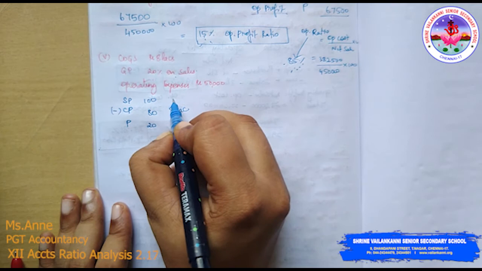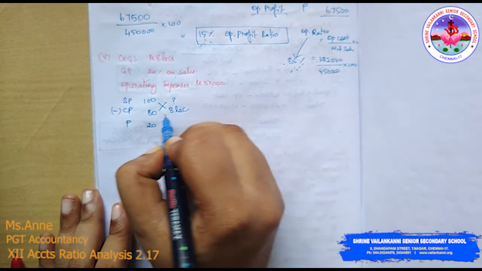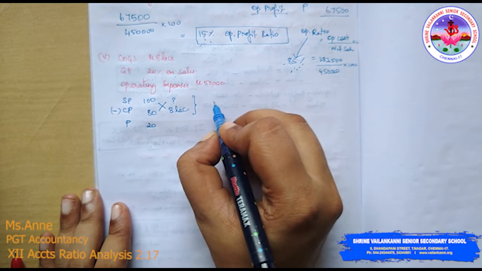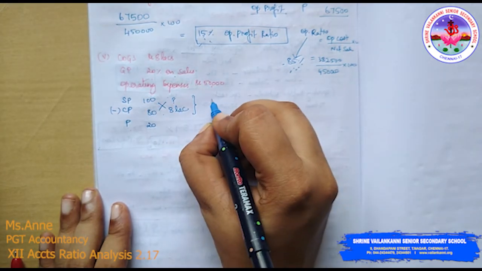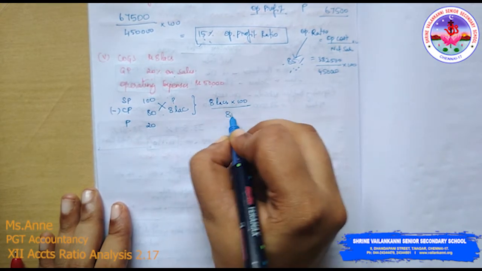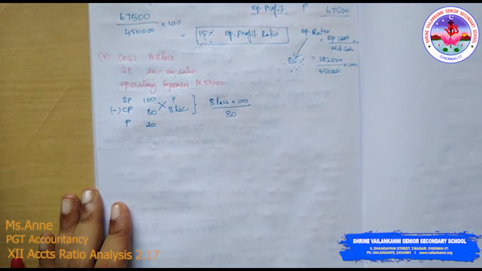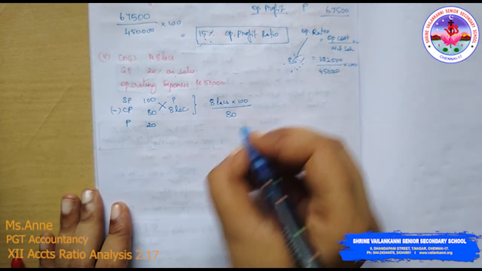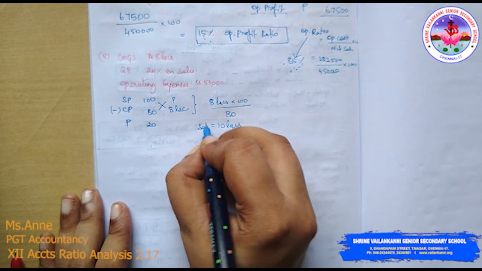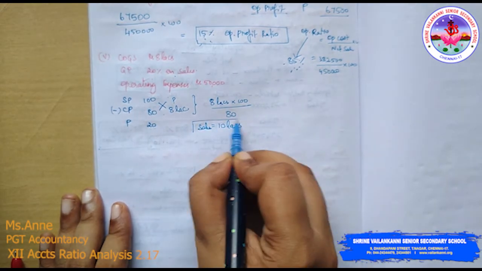If 80 is 8 lakhs, what is 100? So 8 lakhs into 100 divided by 80 is nothing but 10 lakhs. What is this 10 lakhs? Sales.